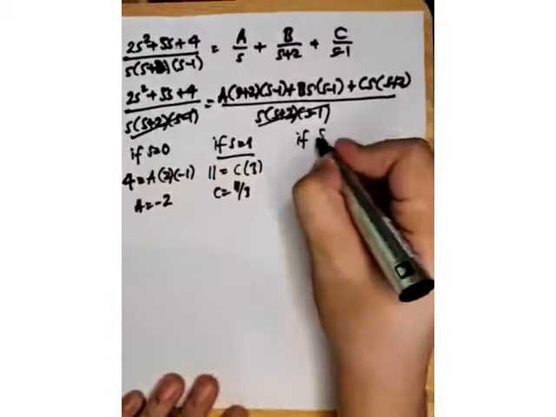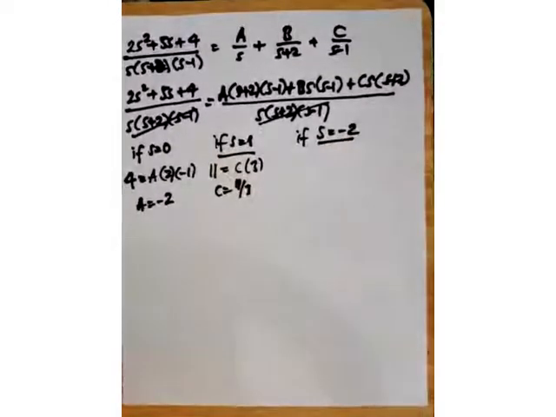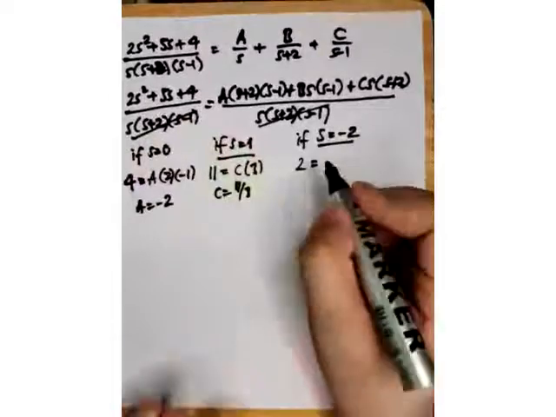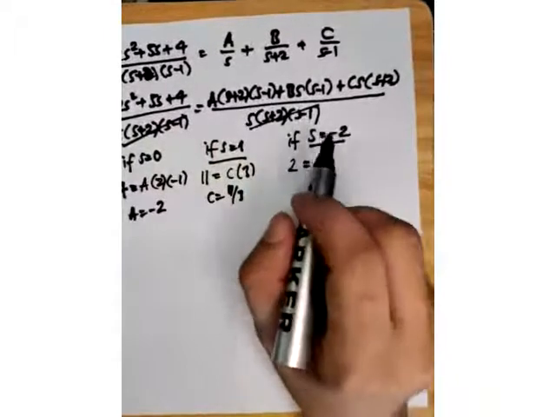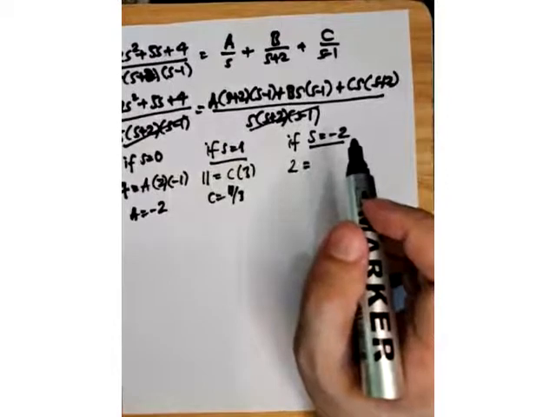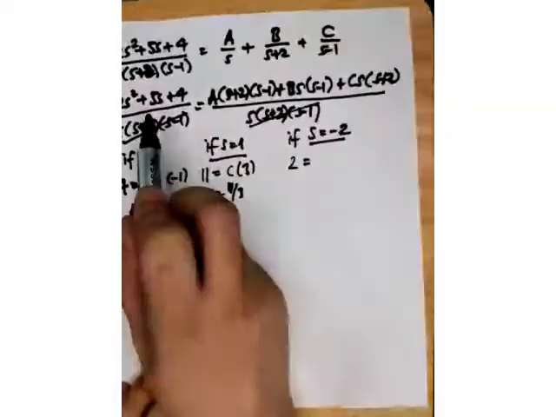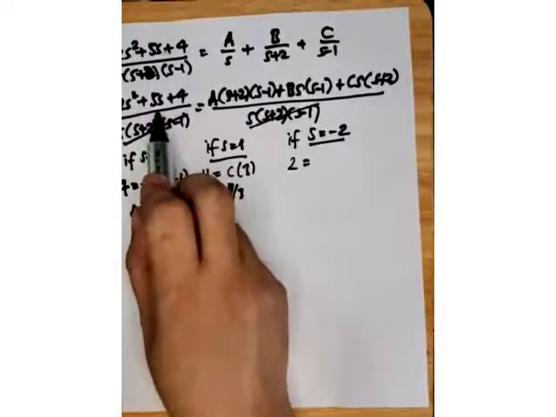So, if S is equal to negative 2. So, kung negative 2 yan, okay, so, substitute natin siya doon. Because that's 2 times negative 2 squared, that's 8. S times negative 2, that's negative 10 plus 4.